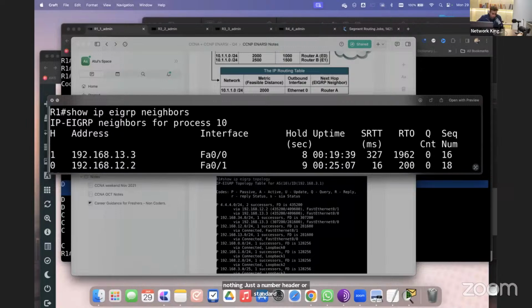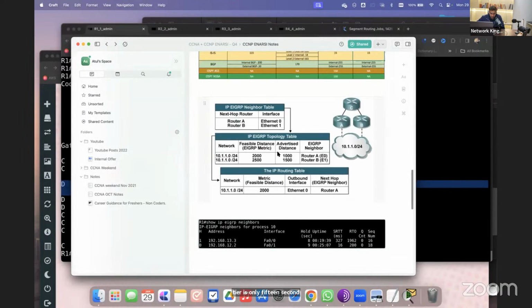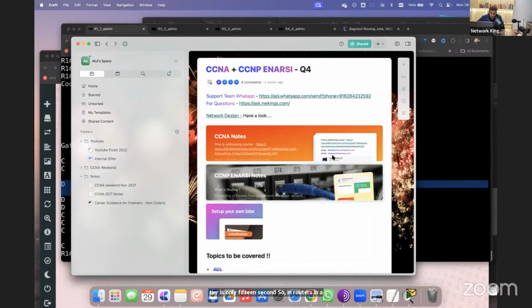Address is the neighbor address. Interface is where my neighbor is connected, on which cable or link. The hold timer here is only 15 seconds. In EIGRP there is a concept that I will tell you after the break.